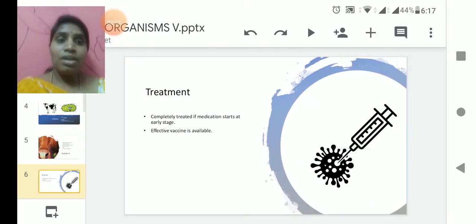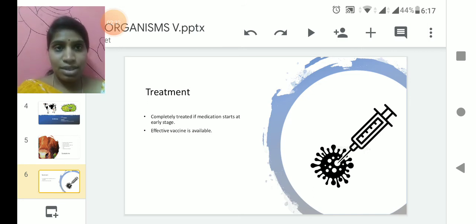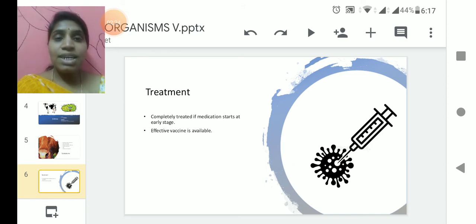And here is the treatment. It can be completely treated if detected in the early stage. If we identify the disease in the initial stage, then it can easily be treated completely. But the initial symptoms are not seen by us, right?